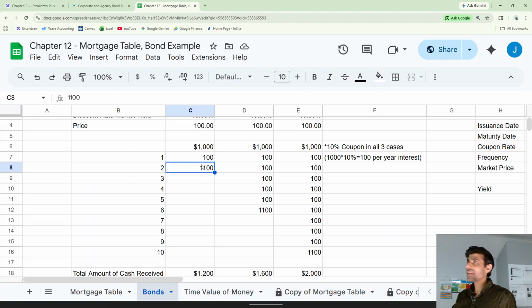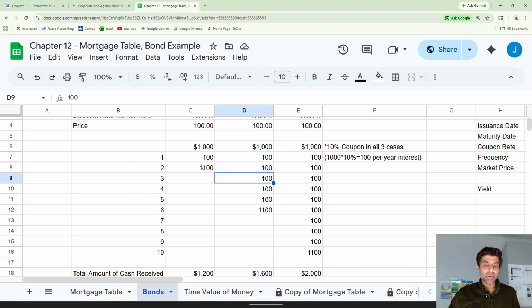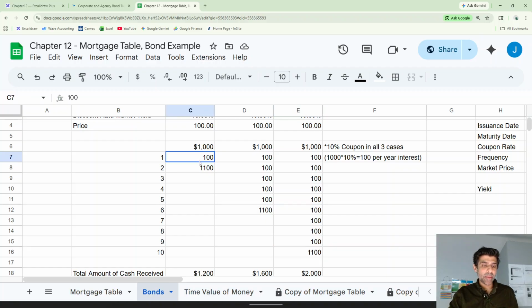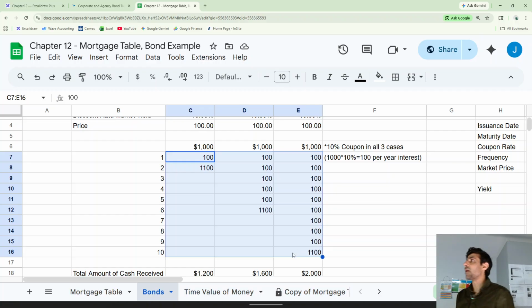Do we agree? Yes. This is the same coupon, but now this is a 6-year loan. This is the same, except it's a 10-year loan. So in each of these 3 cases, the total principal is 1,000 and the coupon rate is 10%.